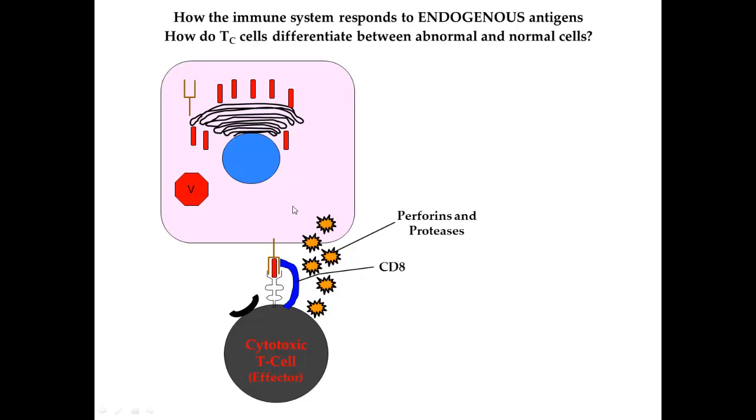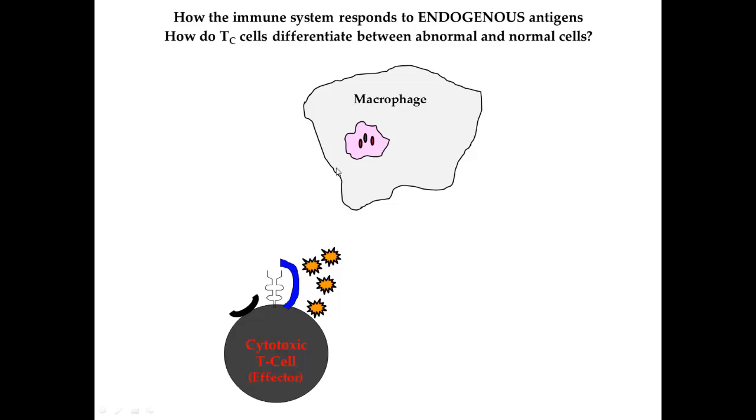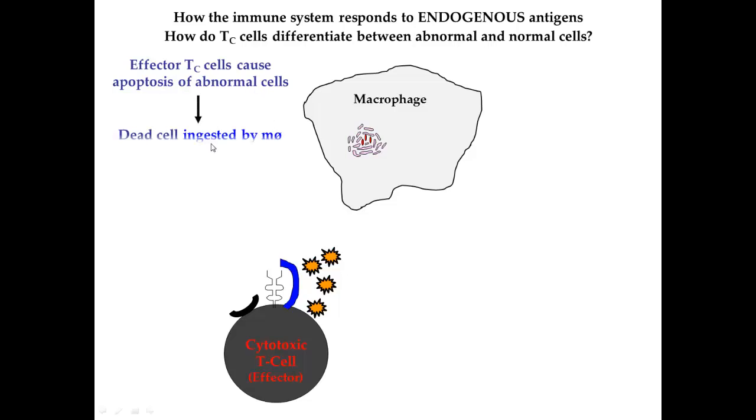And this is a very neat way of dying. This is a very packaged cell death. So the cell shrivels up and can then be ingested by a macrophage and digested. So effector cytotoxic T cells cause apoptosis of abnormal cells, and those abnormal shriveled up cells then become ingested by macrophages.